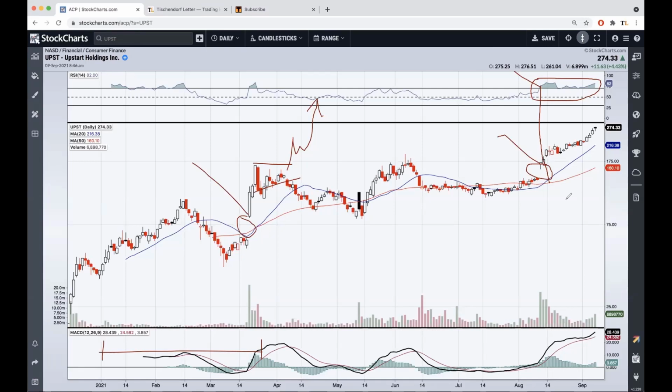So, I like to buy 10 minutes into the close, because then it's pretty obvious if we get a white candle, and I want the stock to trade near the high of the day, because that indicates strong demand.